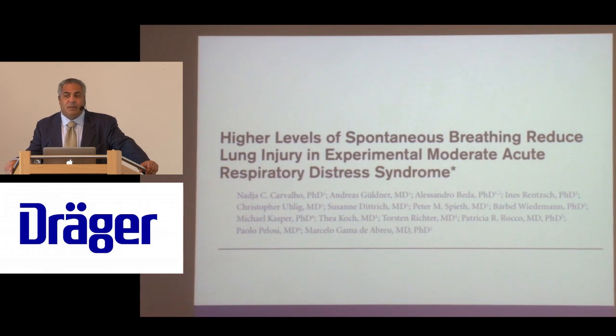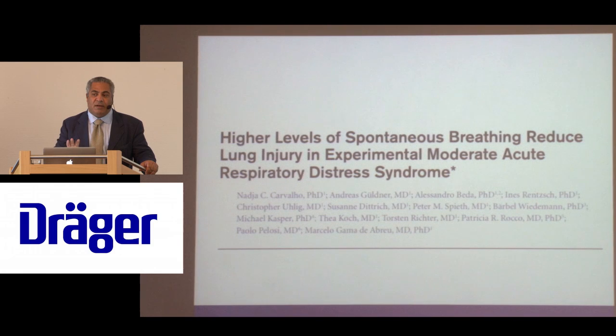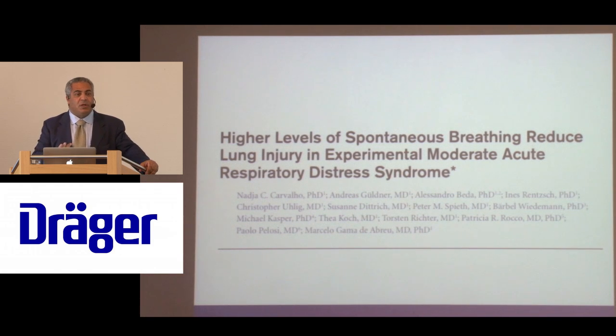Again, these are animal studies, and I think what's important, these were both in lung injury models, but I want to stress to you that our approach really is looking at the patient and looking at their lungs, and the majority of our patients will have normal lungs, even though they have severe trauma or soft tissue infections and sepsis. They have normal lungs usually in the first 24, 30 hours.